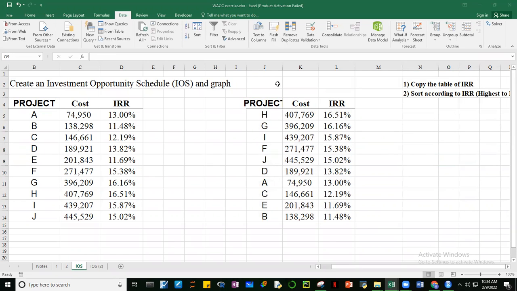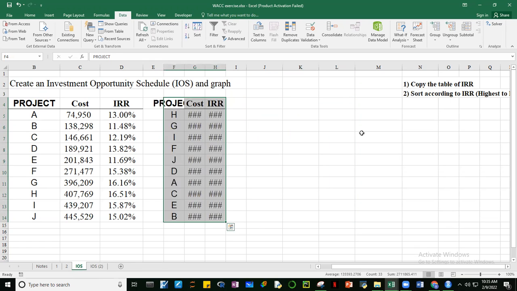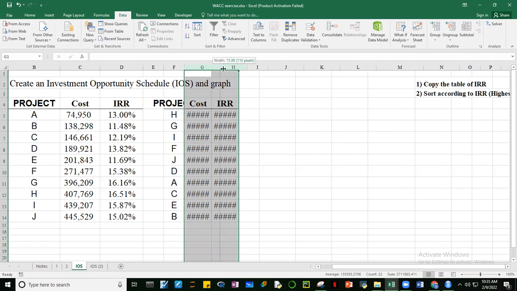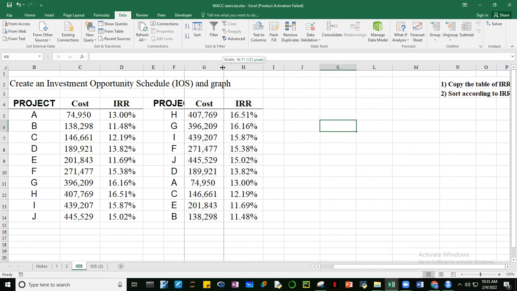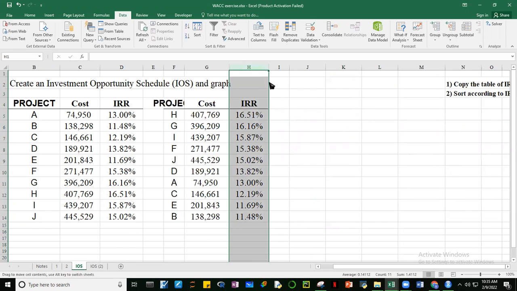Okay, so we can see here that IRR H, then G, then I, B ang pinakamaliit na IRR. Now iuuna ko lang dito to para may space pa tayo. What we will be needing, guys, is the cumulative. Highlight ko to.